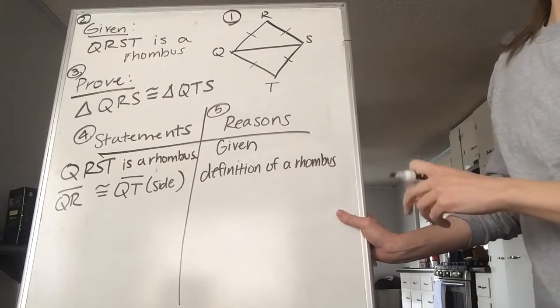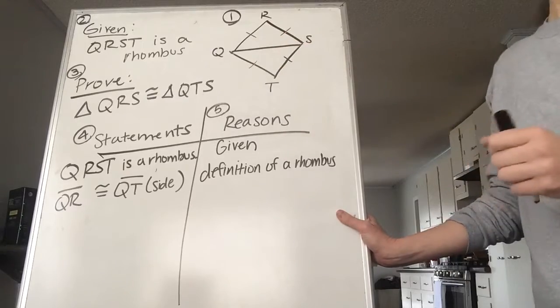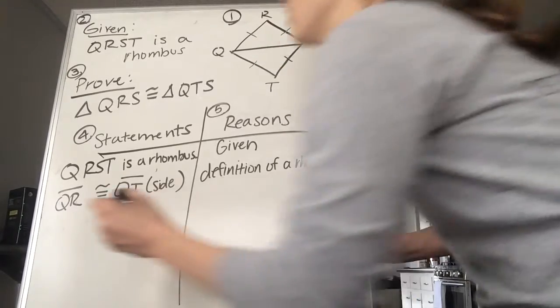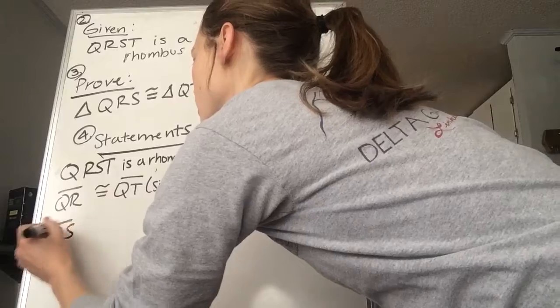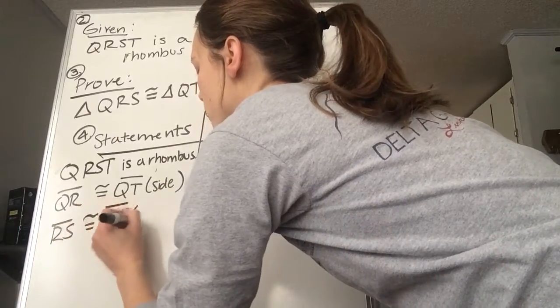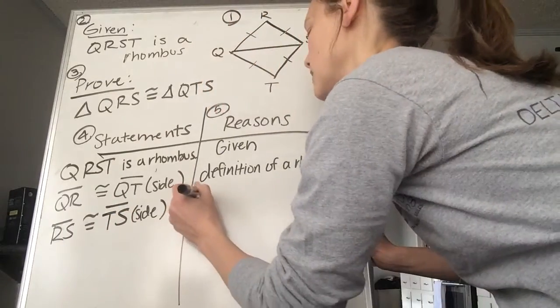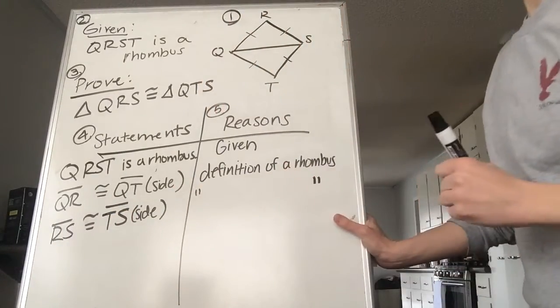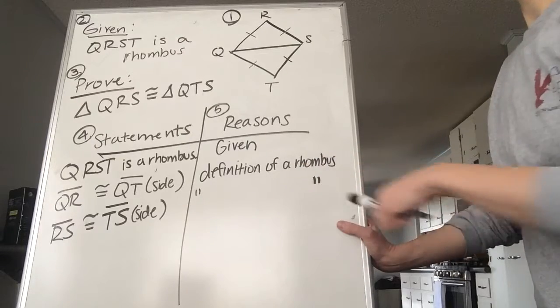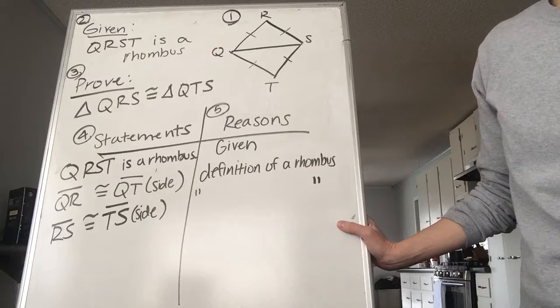Okay, what about my other side that was given? RS and TS. Well, I could say that those are congruent, that those sides are, because of the definition of a rhombus again. And I'm okay with you doing the little marks like that as long as it's clear and readable.